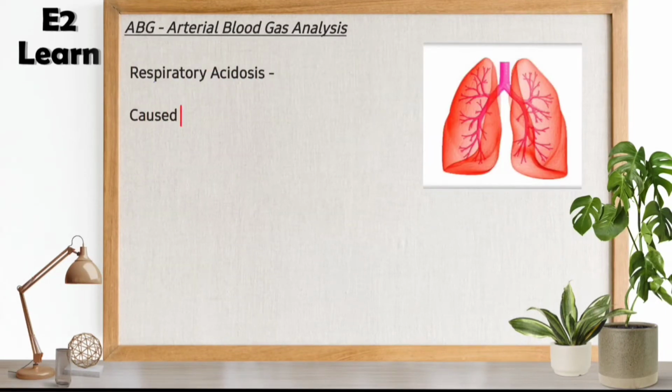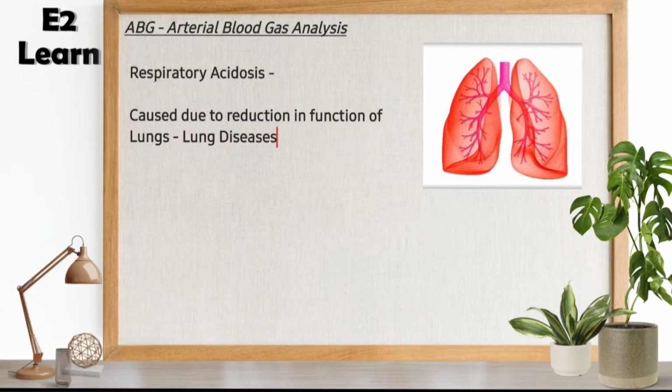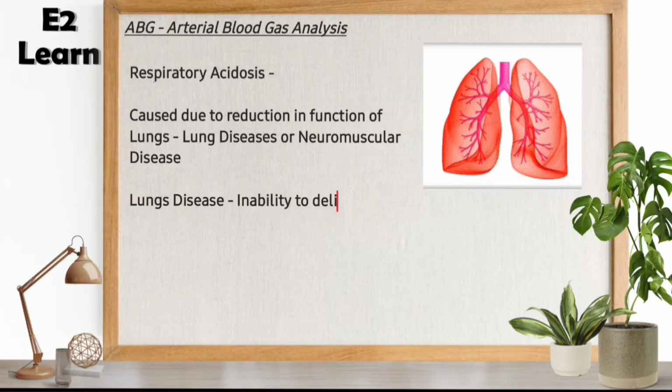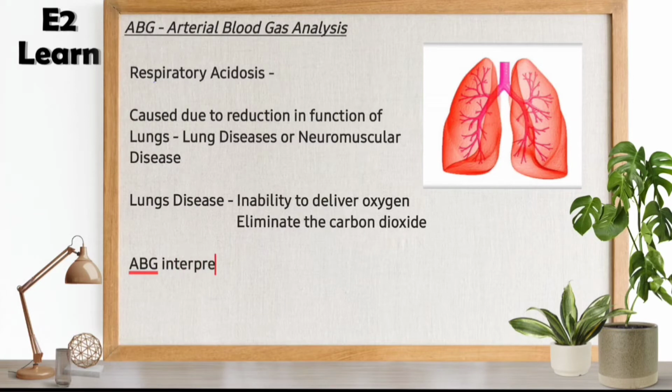Respiratory acidosis is due to some lung diseases in the body or sometimes neuromuscular diseases. Lung disease per se is directly correlated to inability to deliver oxygen or eliminate carbon dioxide from the body, hence causing more and more protons to accumulate in the body and hence lower pH, that is respiratory acidosis.